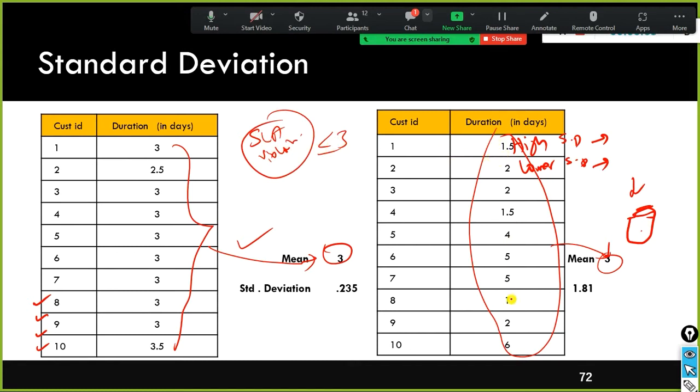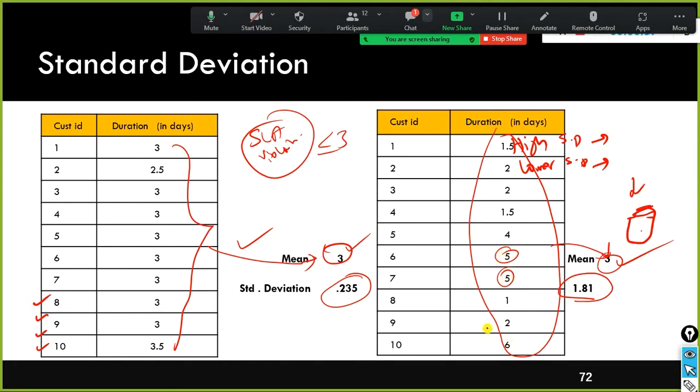But if you see here, the mean is the same. So anyone will be tempted to think that on average, both courier companies deliver the items on or before 3 days. But only when you find out the variability using standard deviation can you see that the variability is very high in one and very low in the other. Here, he violated the SLA: it took more than 3 days, 4, 5 and 6 days.